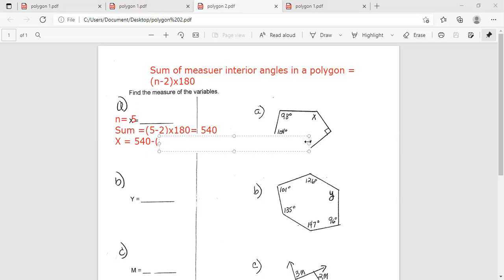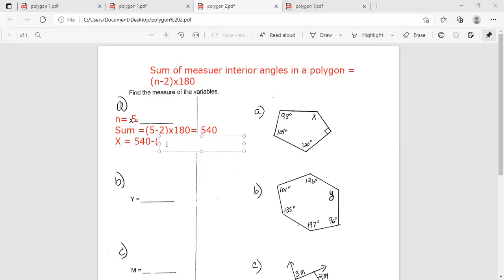Could you please tell me the angles inside this figure? 98, 104, 120. Anyone want to add anything else?